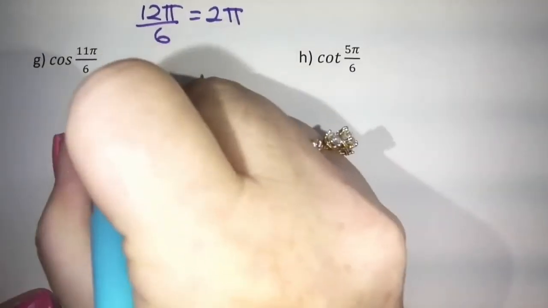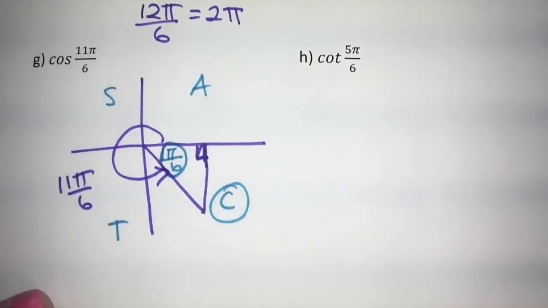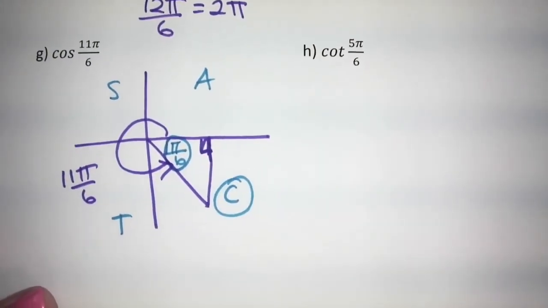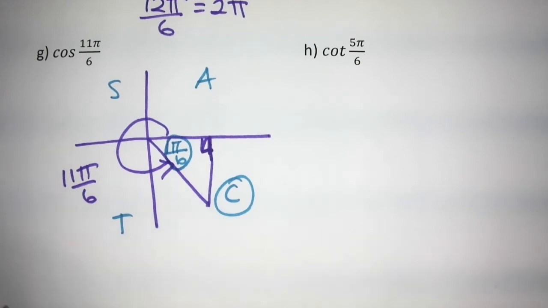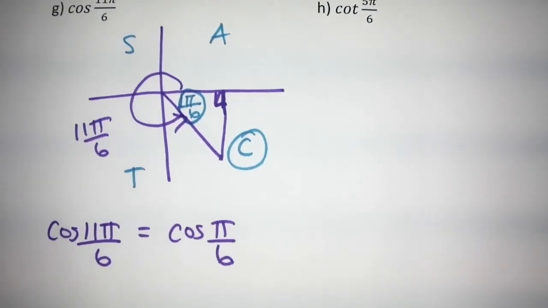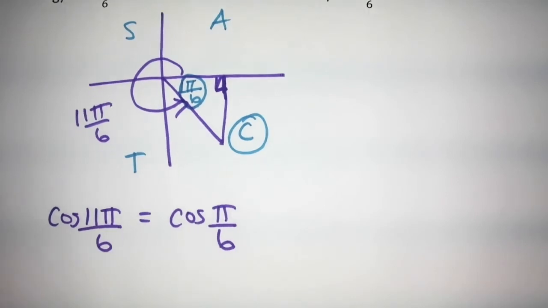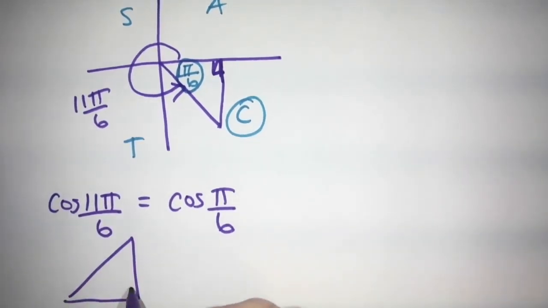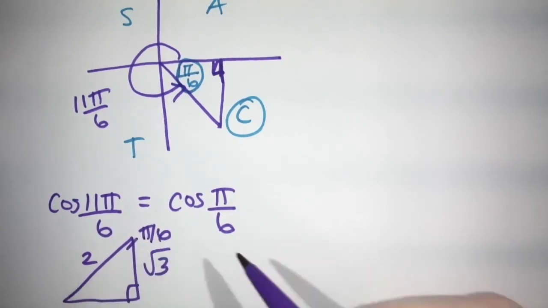And we are in the C quadrant. So if we want cos and we're in the C quadrant, then it will be positive. So cos 11 pi over 6 is positive cos pi over 6. Again, we can draw our special triangle: root 3, 2, 1, with pi over 6 here.